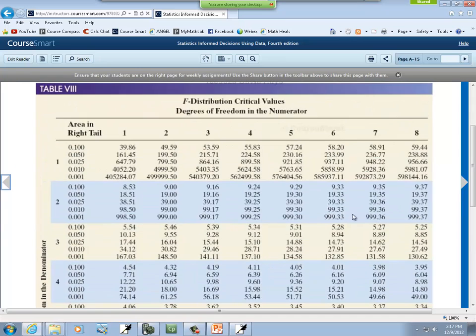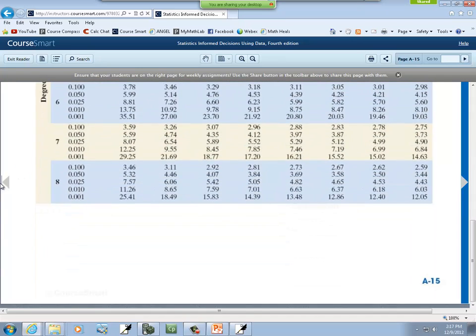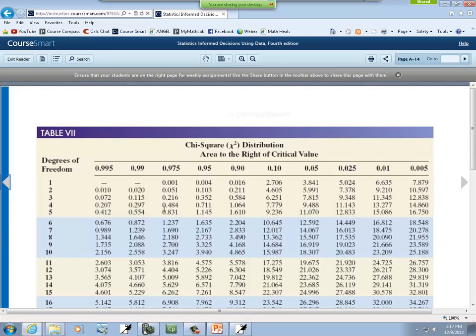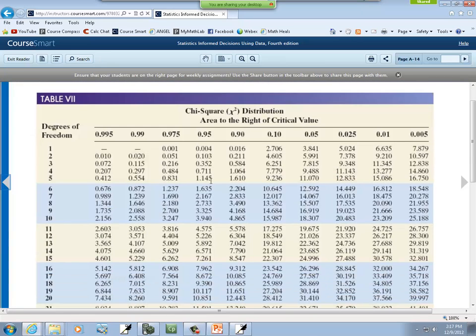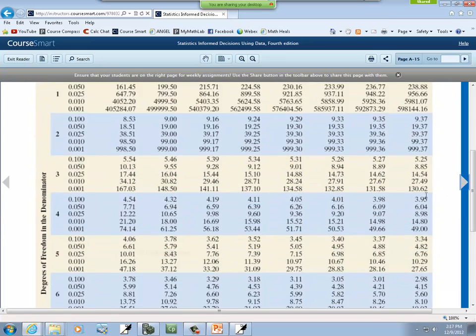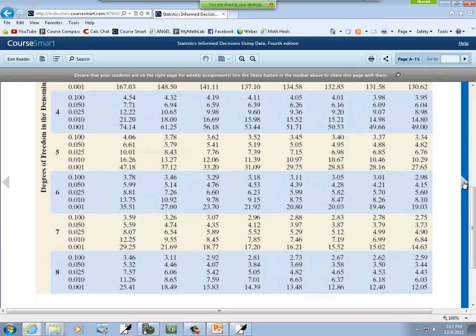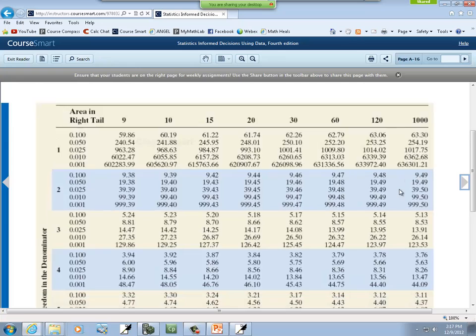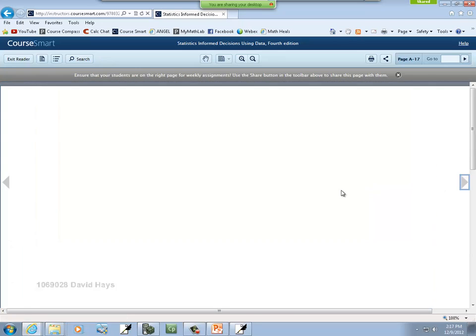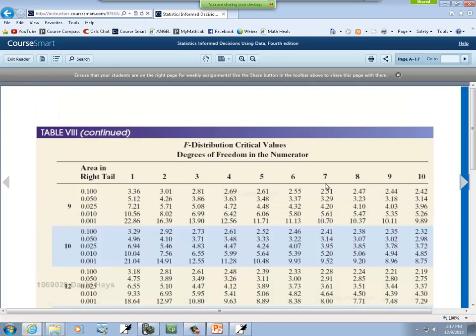Here's 7, but there's no 10. There it is. Okay. Here's 7, so we're looking in that column, and then 10, so this is the start of where we're going to be looking.